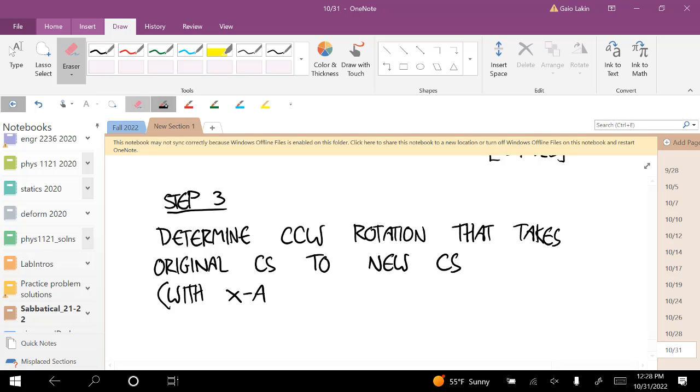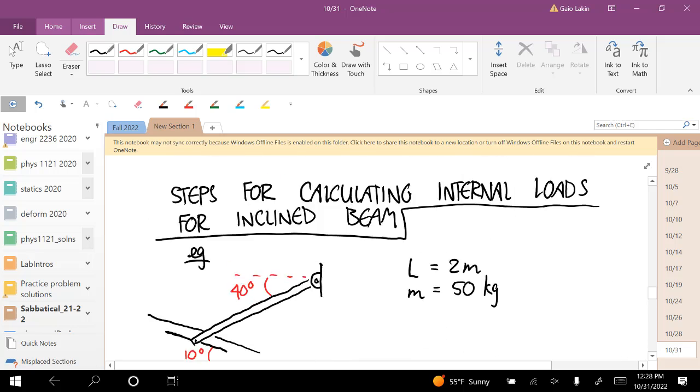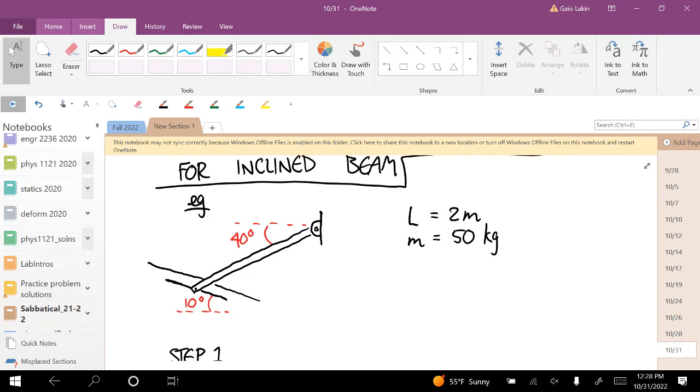There are 2 ways you can make the x-axis go along the beam. You could do it like this, or you could do it like that. Either one of those is fine. They tell the same story, even though the numbers come out different. But I usually do the one that's closest to the coordinate system I'm used to, so I'm going to use this one.